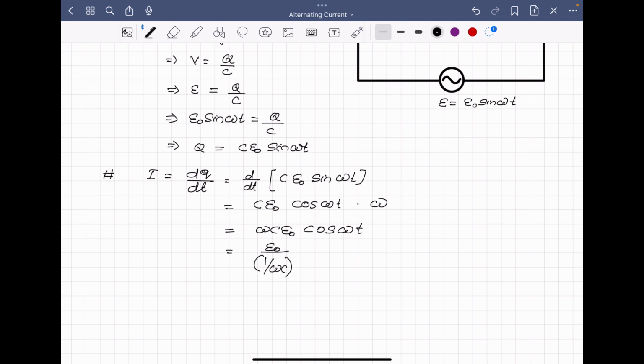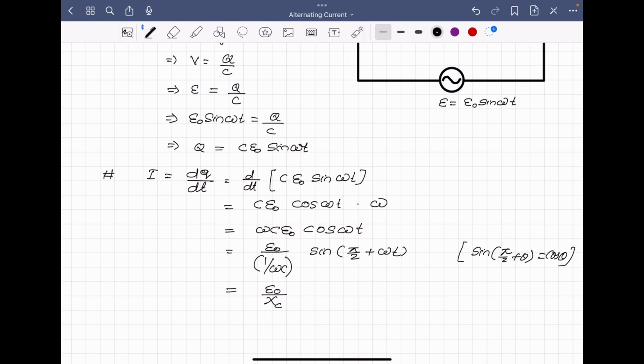Then we can write cos omega t as sin 90 plus omega t, as we know sin of 90 plus theta is equal to cos theta. Then what you got here? E naught by Xc.